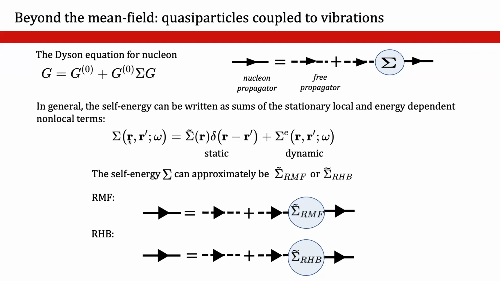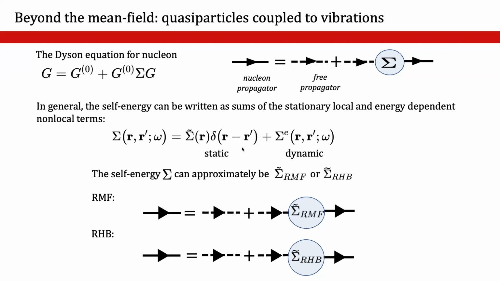At low energy, in the mean-field approximation, the energy-dependent part of the self-energy is omitted, and we only consider the static one.